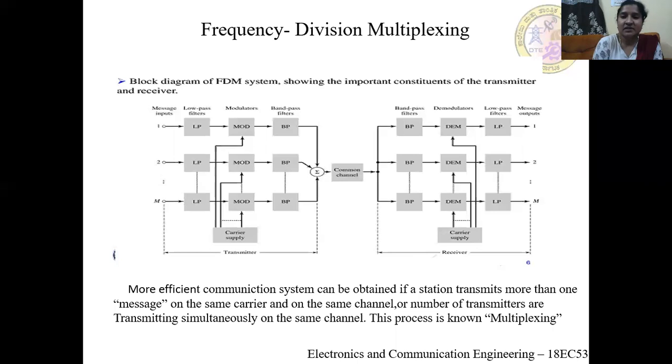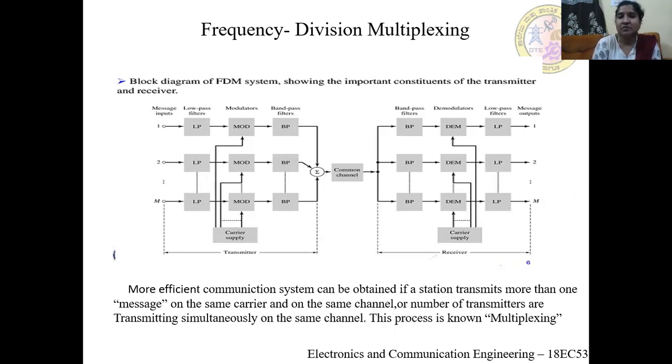Here low frequency signals are nothing but the message signals. So the output of the low pass filter contains the message outputs, that is m of t, or m1 of t, m2 of t and m3 of t, like this. So the bandwidth required is equal to the bandwidth of the message signal here.